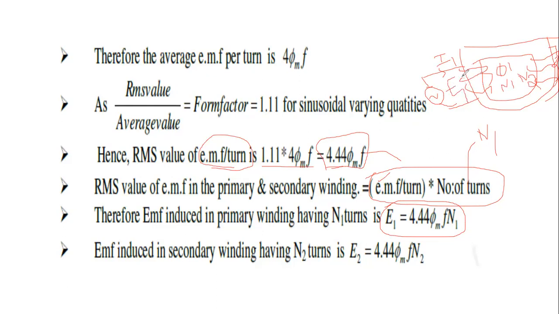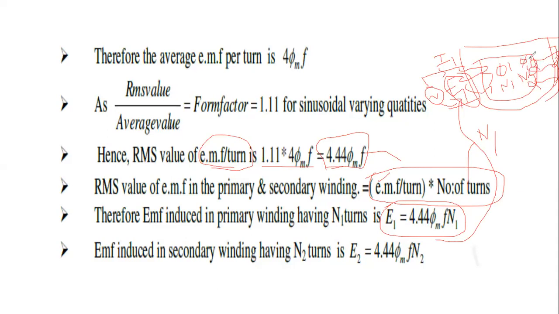How much EMF is induced is calculated using this formula for the primary winding. This flux also links to the secondary winding, that is the φ2 flux.